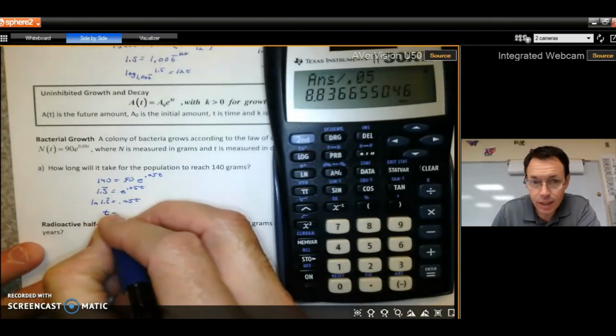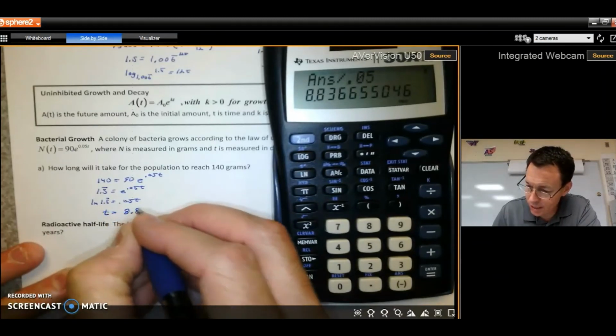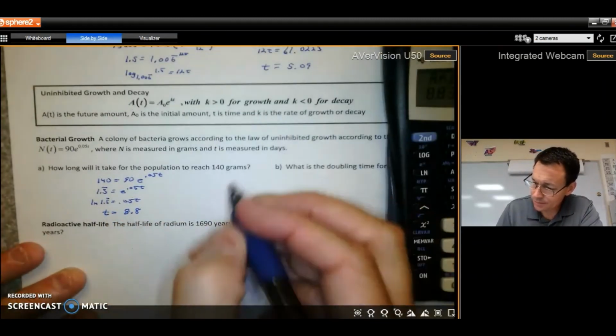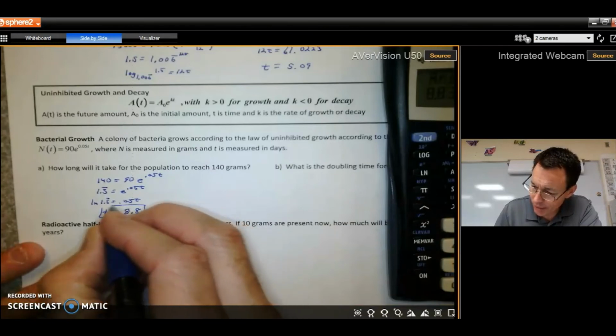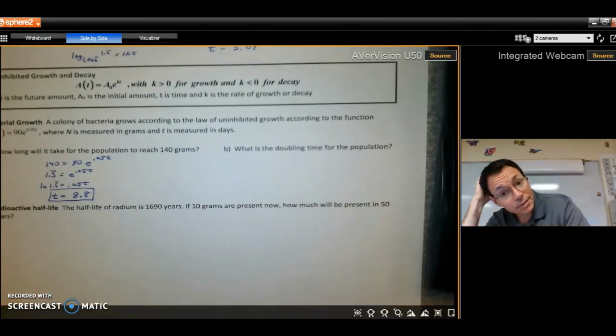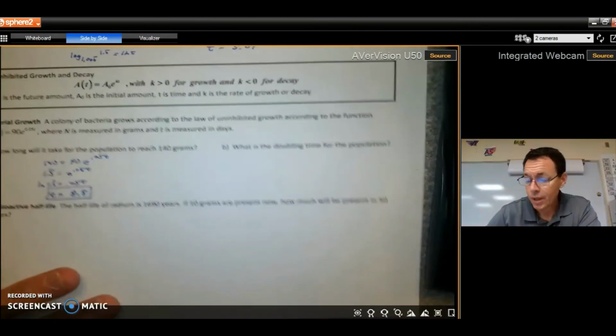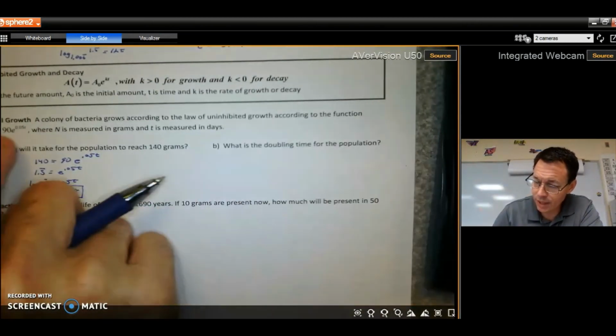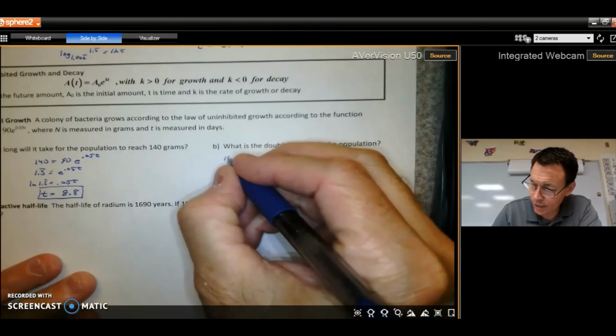So t equals 8.8. I think this is in days. So it'll take 8.8 days to go from 90 to 140. Okay, B says, what is the doubling time? Well, for doubling, if we have 90, it just means when are we going to have 180?